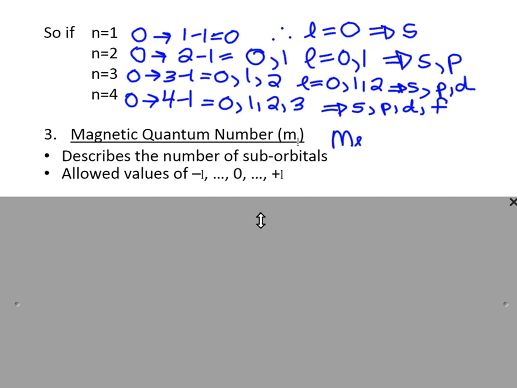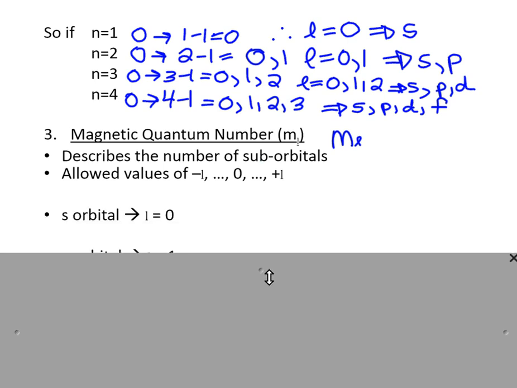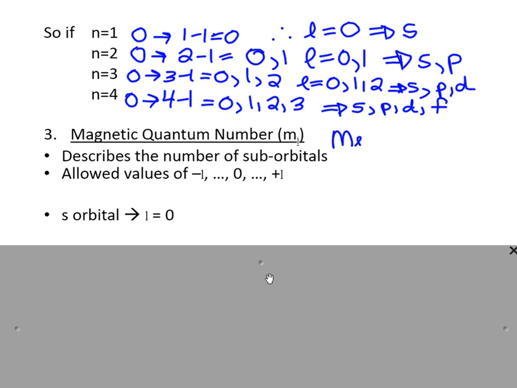So we're going to do the same thing again. We'll walk through each of these ones so you can see how this works. S orbital we know has an L value of 0. So if I'm trying to find the ML value, it's going to be negative L all the way to positive L. But you can't have negative or positive 0, it's just 0. So in this case, ML is equal to just 0.